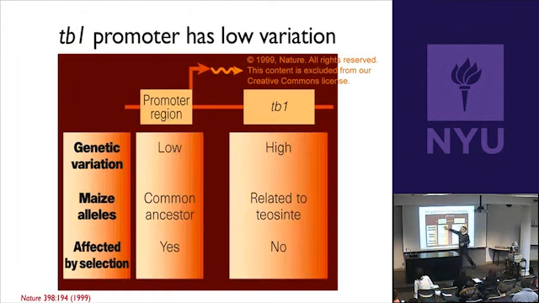If we look at the corn alleles and compare them to one another, then what we see is that the corn alleles for the coding region are indistinguishable from the teosinte alleles. You can't tell which is which just by looking at that sequence. But the corn alleles in the promoter region are all clearly related to one another through very recent common ancestry.